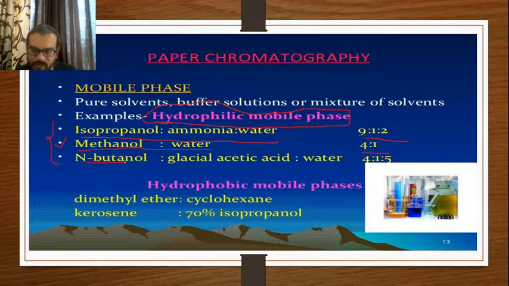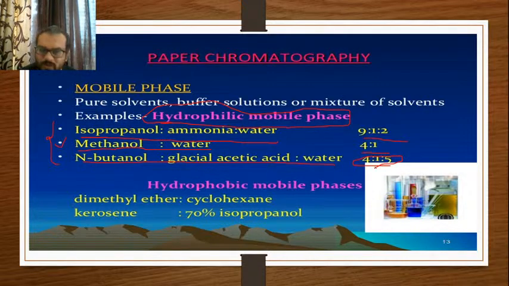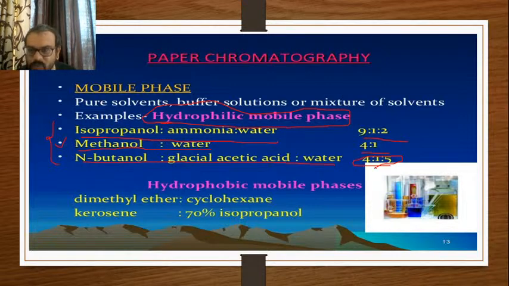If you have n-butanol, glacial acetic acid and water, you can go for 4:1:5. Remember these mobile phase compositions along with their ratios: isopropanol, ammonia, water 9:1:2, methanol water 4:1, butanol, acetic acid and water 4:1:5.